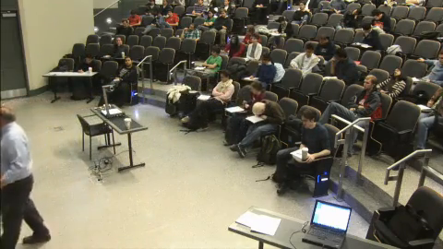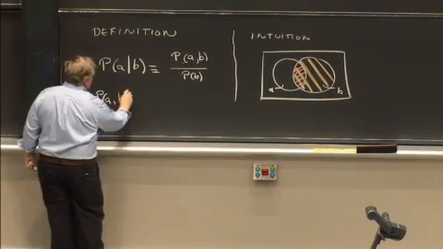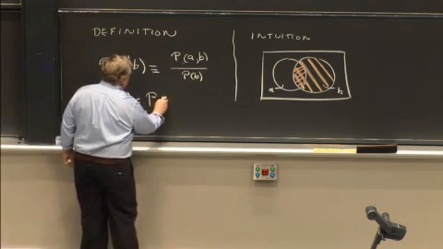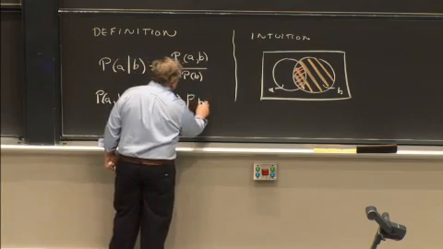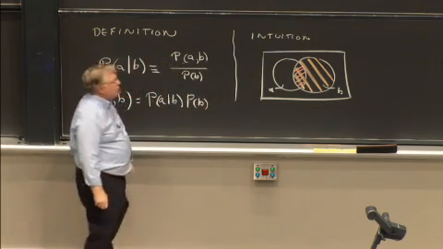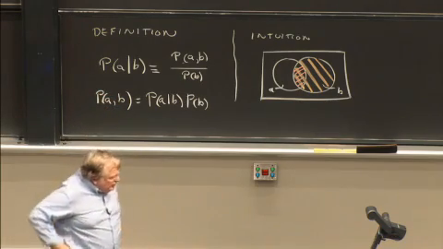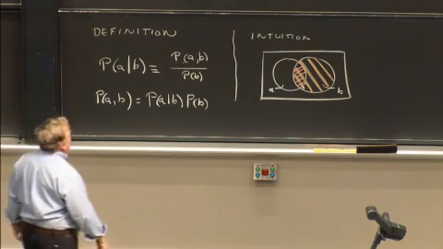And we can rewrite that, of course, as P of A and B is equal to the probability of A given B times the probability of B. That's all basic stuff.